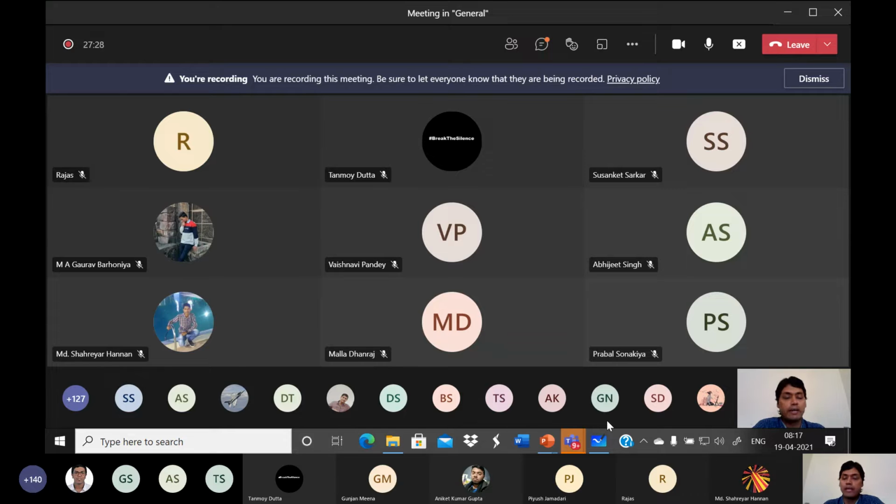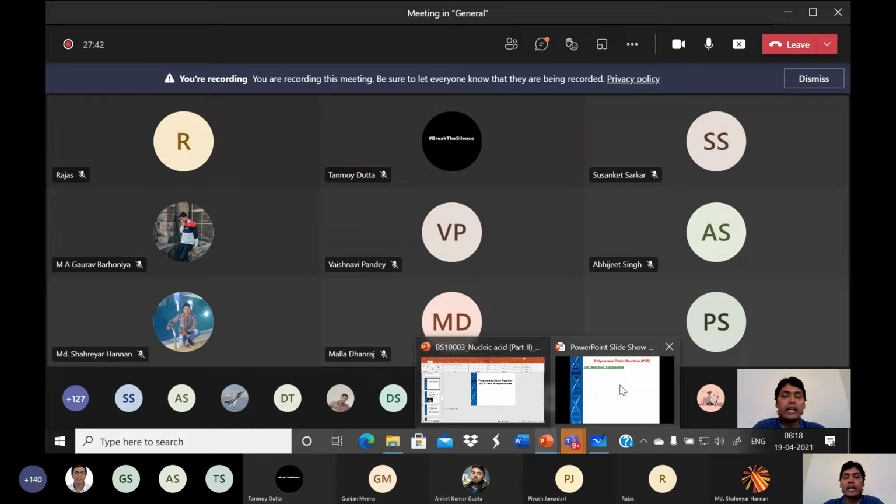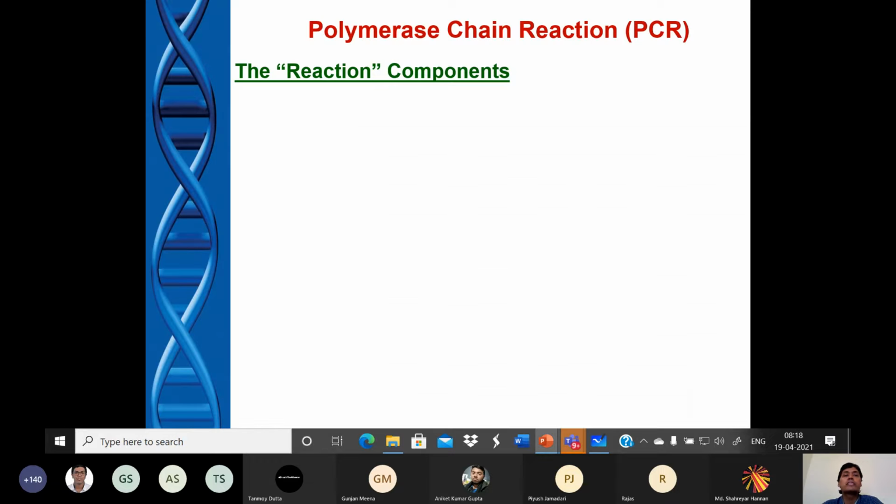So we will add primer from outside, and that will address someone's question on which portion we want to amplify. I will explain that. Let me first show you the ingredients. For polymerase chain reaction, you need the reaction components, like target DNA, the DNA which we want to amplify.